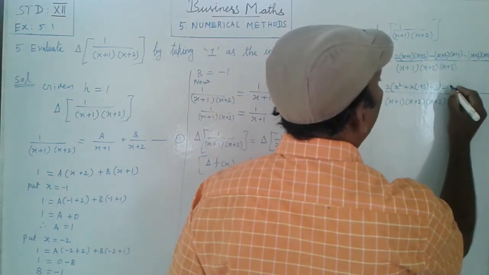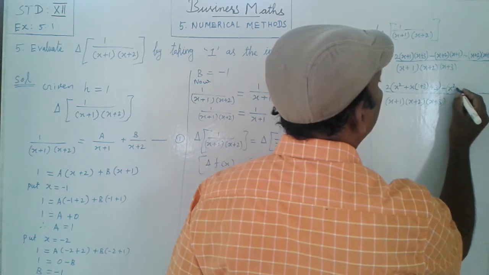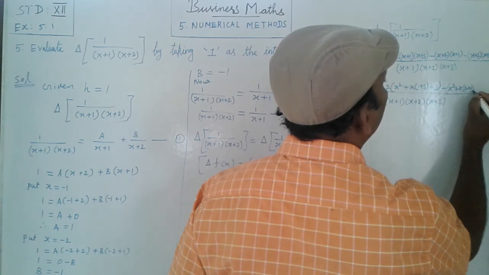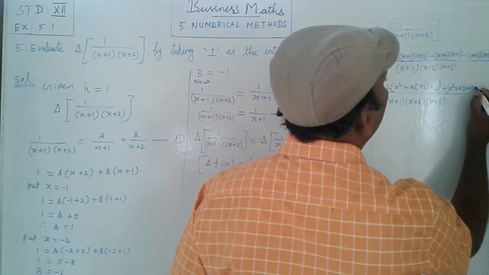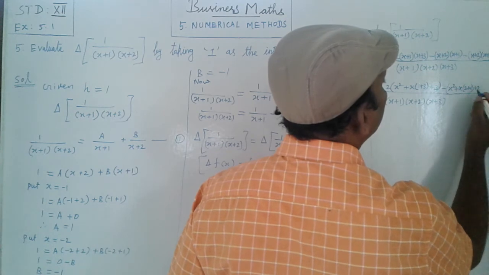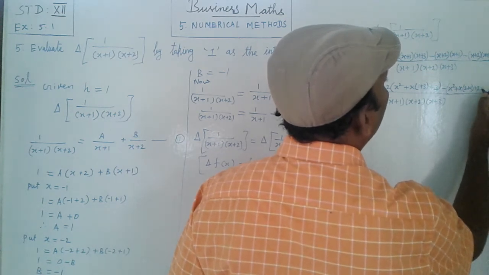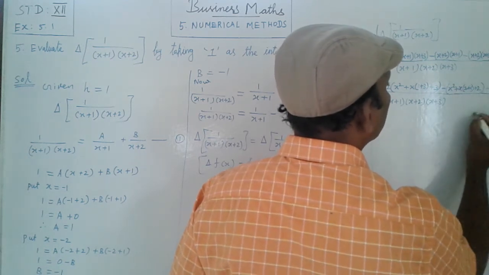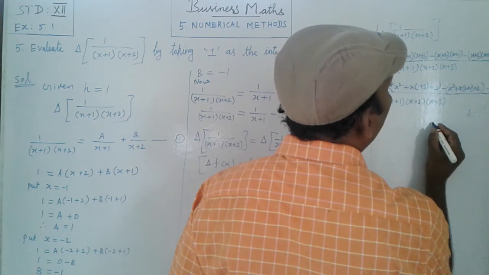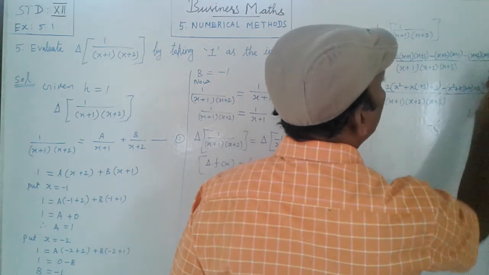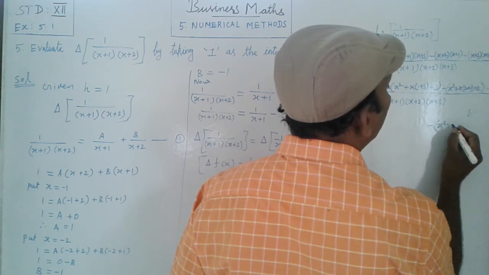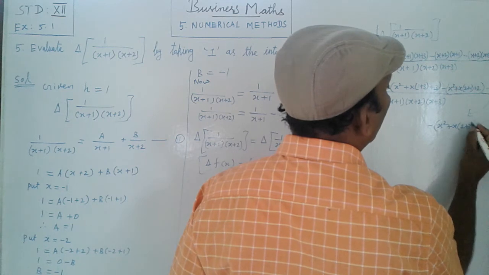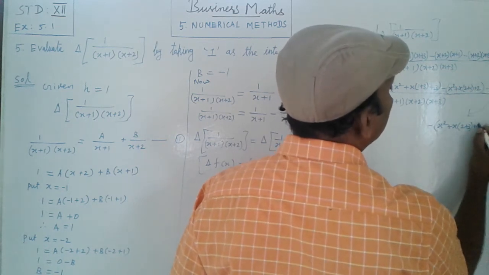So x square plus x into a plus b, 2 plus 1, plus 2 into 1 is 2. Next minus of x plus 2 into x plus 3 multiplied, then x square plus x into 2 plus 3, plus 2 3s are 6.